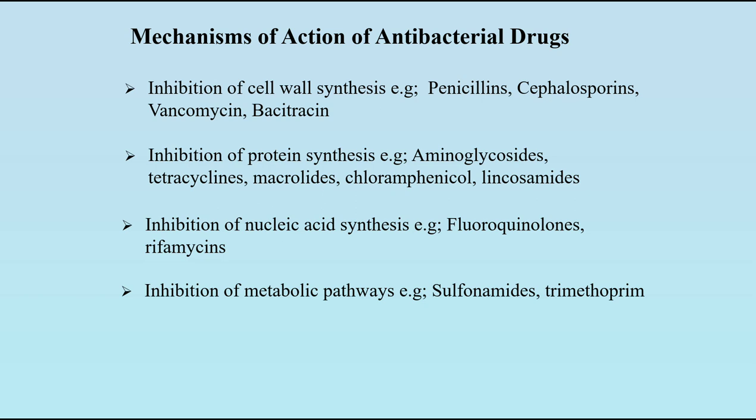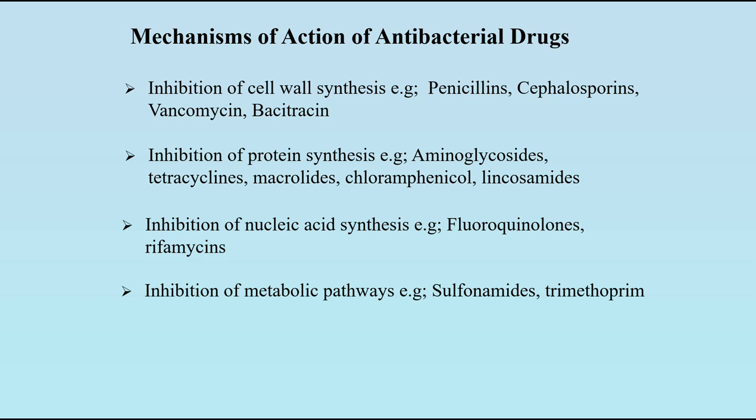Now, inhibition of metabolic pathways is another way by which some antibiotics work, because like human beings, bacteria also have metabolic pathways for synthesis, growth, and reproduction, and those metabolic pathways involve different types of enzymes, substrates, and metabolites.